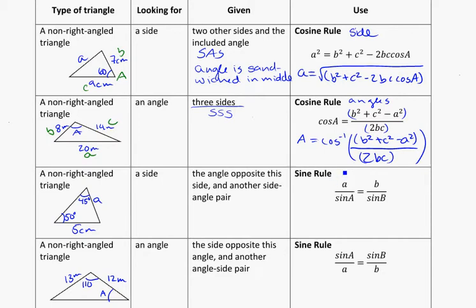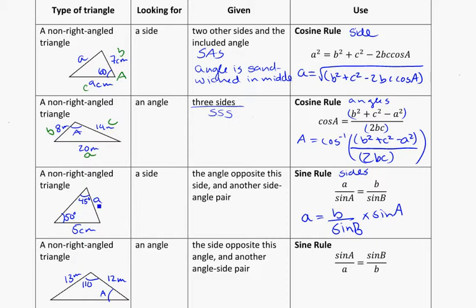Looking at the sine rule, in this case for sides, to remind ourselves, the shortcut formula here would be a is equal to b over sin B times sin A. The situation here can be a little bit varied, but we can see that the side that we're looking for is not sandwiched between the angles.